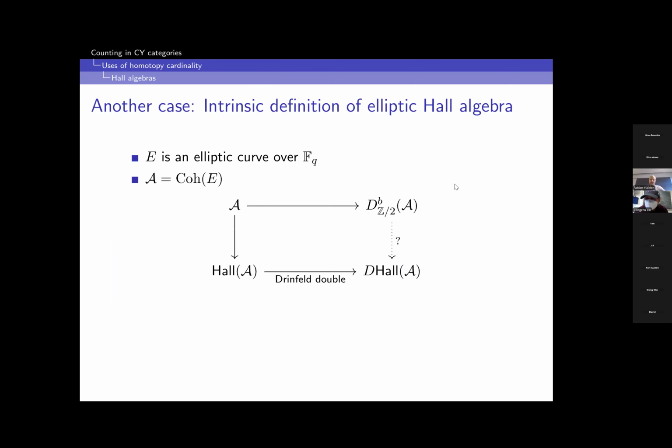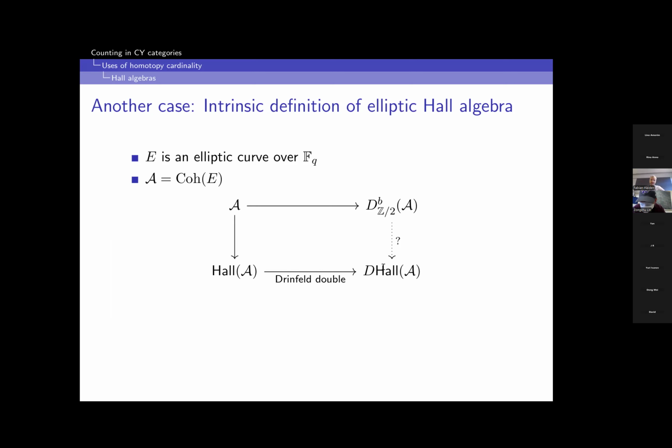So you take an elliptic curve over a finite field, take its category of coherent sheaves, and that has a Hall algebra just because it's an abelian category and finite enough. But the Hall algebra looks like half of what it actually wants to be. It's like half of a much nicer object, which is its Drinfeld double, which is called the elliptic Hall algebra.